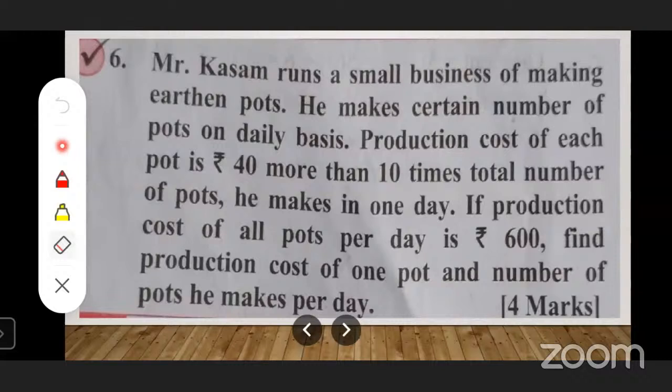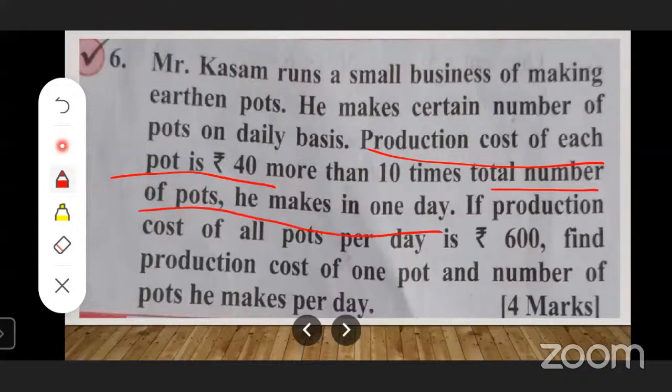Now, the production cost of each pot is rupees 40 more than 10 times the total number of pots he makes in one day. So, how will you find out the production cost of each pot? For that, we need to know the total number of pots he makes in one day.